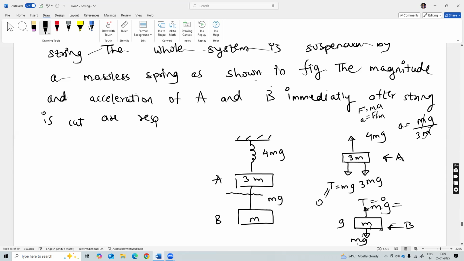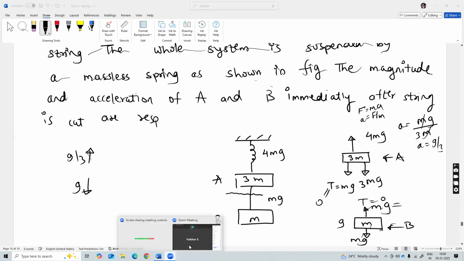So mg upon 3m, it will become g upon 3. So the acceleration of body A is g upon 3 and the acceleration of body B is g. This one is in upward direction, this one in downward direction. Is it clear?